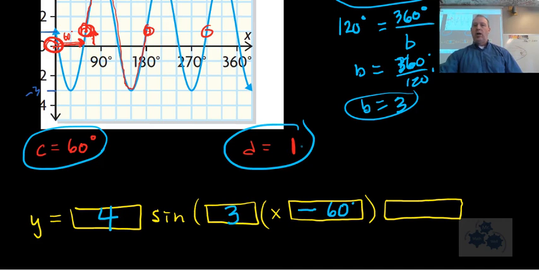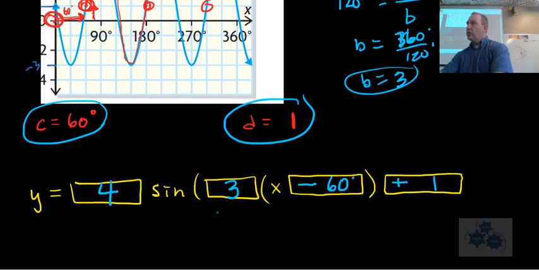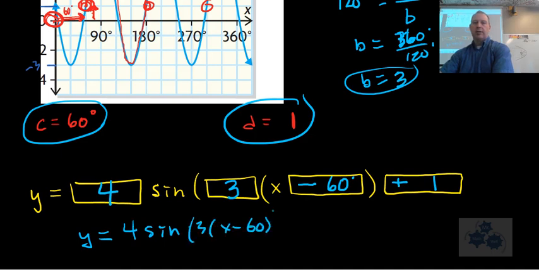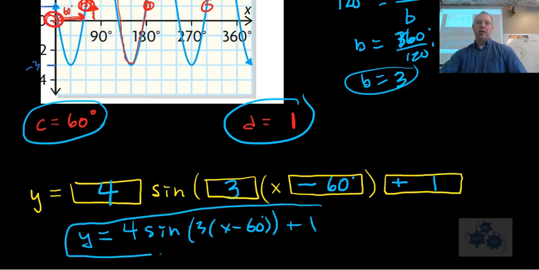And then D is 1, so that's going to be up 1, that's a plus 1. So that's where those values go, and you have y equals 4 sine of 3, x minus 60, plus 1. And that is the equation of this graph.